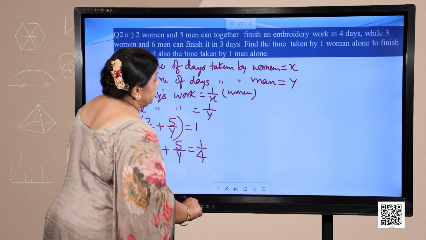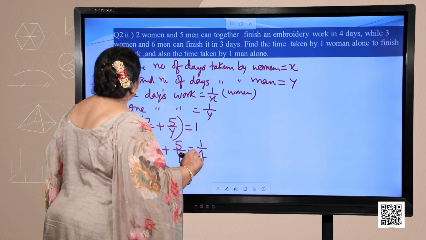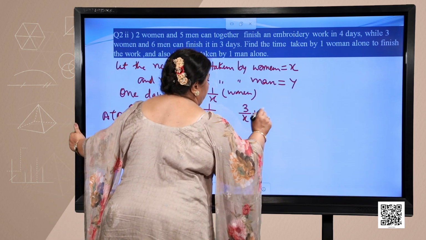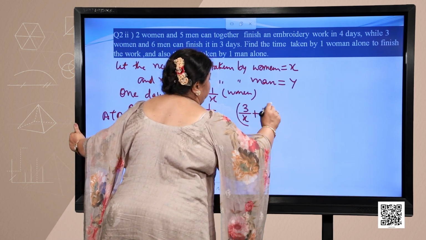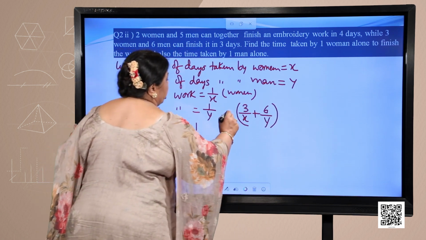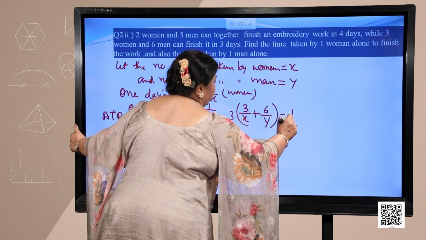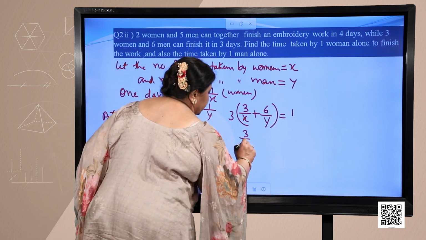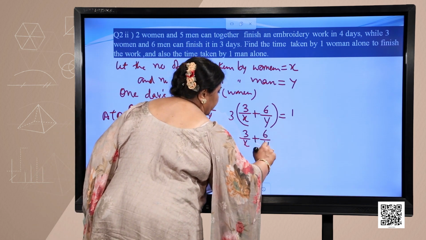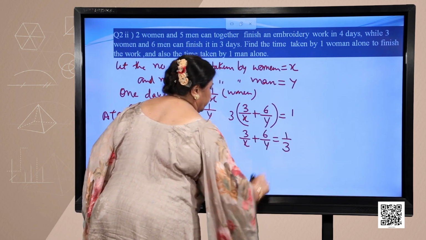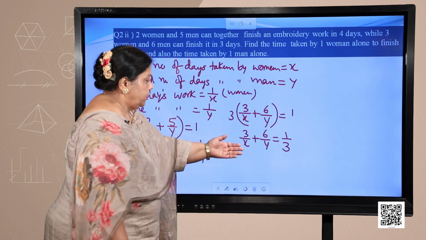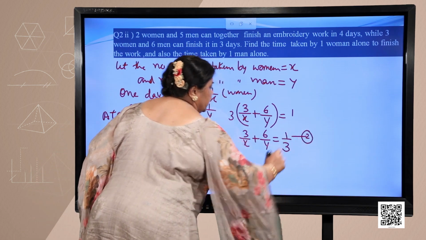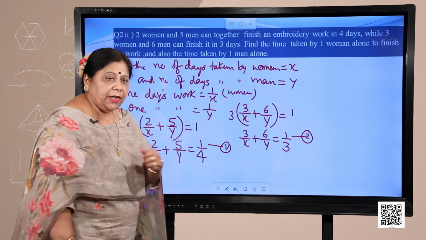What about the next condition? Next is while 3 women and 6 men, when they work for 3 days, they can finish the embroidery work. So, we have here 3 upon x plus 6 upon y is equal to 1 upon 3. These are the two equations we have got. Now, to solve them, first let us reduce them to linear equations.